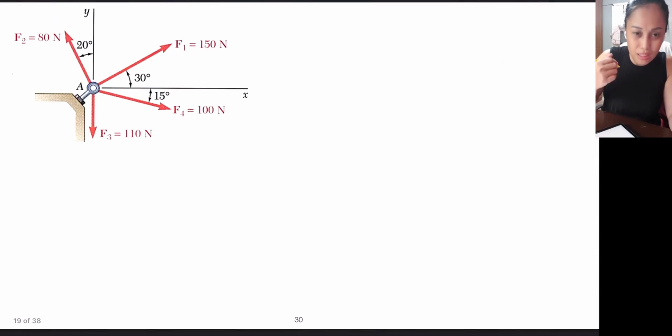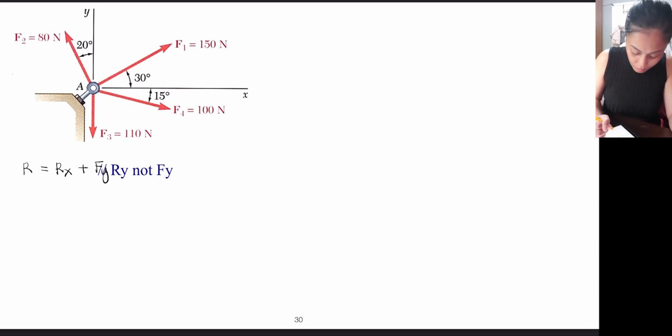The resultant force must have magnitude and direction. So how do we solve for the magnitude and direction? We need the value of the resultant force, which is equal to its component along x and its component along y.